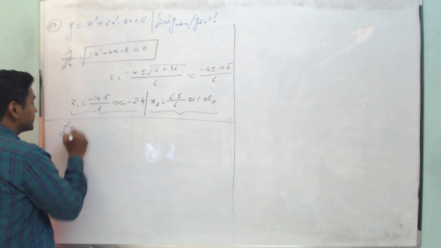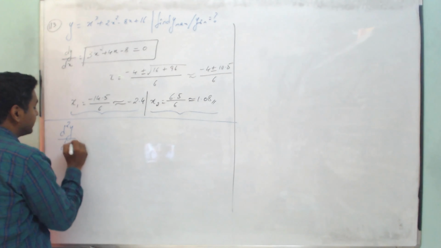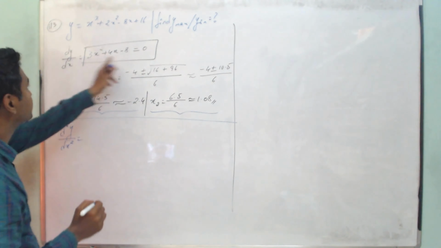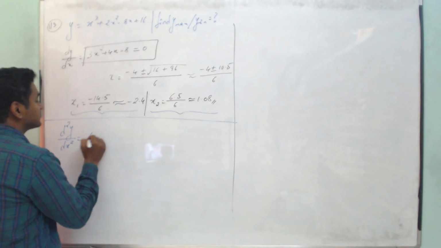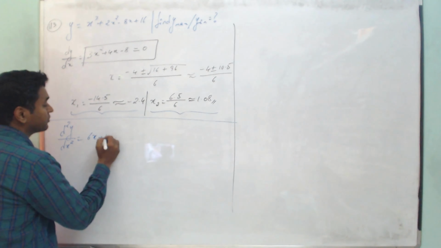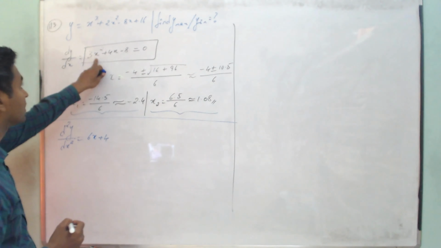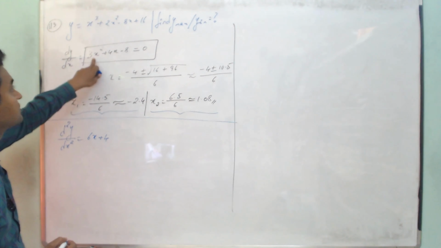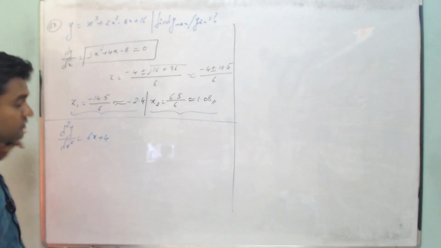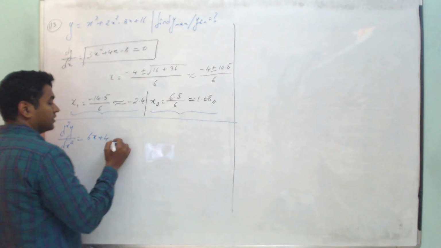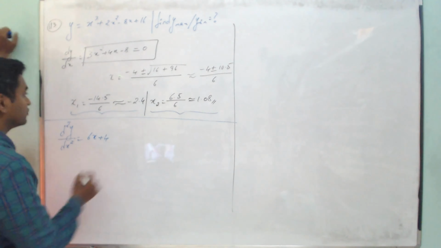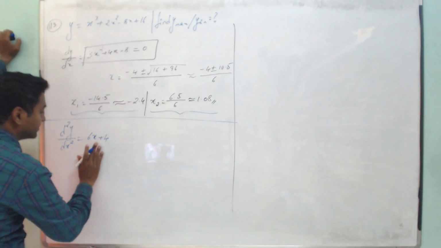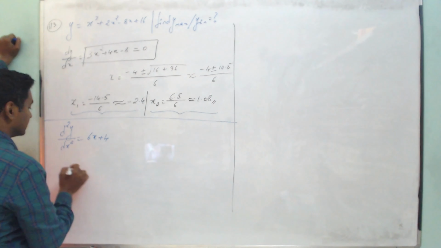So to know exactly, I will double differentiate the original function. I will get it as 6x plus 4. And now I substitute the x values that I got in this double differential.